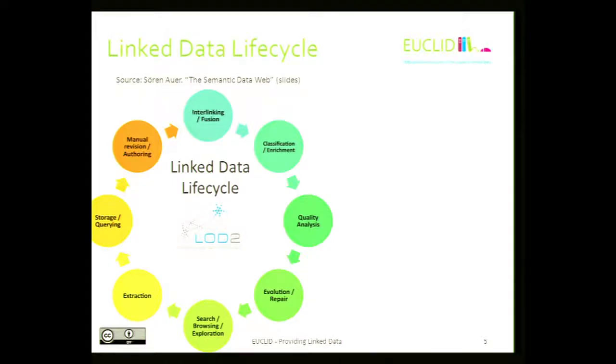Inevitably, we go into evolution and repair as 2 sides of that. So either how do you put things right if they're wrong, or how do you evolve them towards a higher degree of interlinkage. We enable, which is kind of ourselves and now other people, external parties, search, browsing, and exploration, something that the next Euclid module, Module 4, will have a lot to tell us about. We might do some extraction, which the second half of this webinar has plenty to say about.